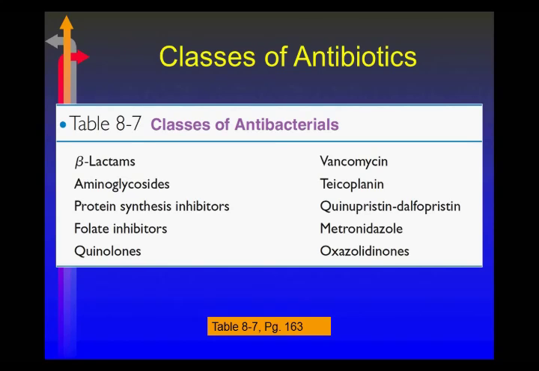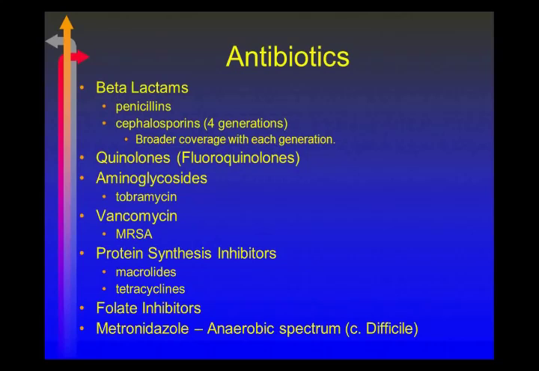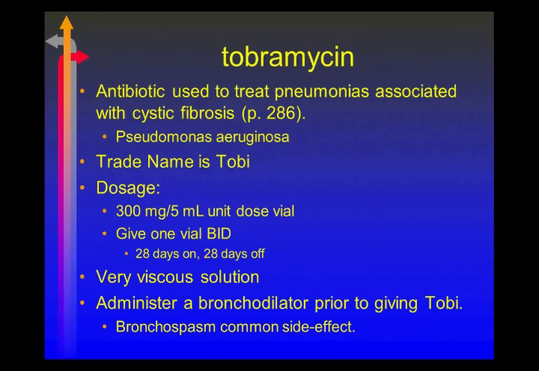For right now, the classes of antibiotics that we're going to be concerned with, and again, there's multiple ones here, but number one is the drug Tobramycin, since this is one of the antibiotics that we are responsible for nebulizing. It's used in the treatment of cystic fibrosis. It's part of their normal management because they usually have a variant of Pseudomonas aeruginosa there all the time.